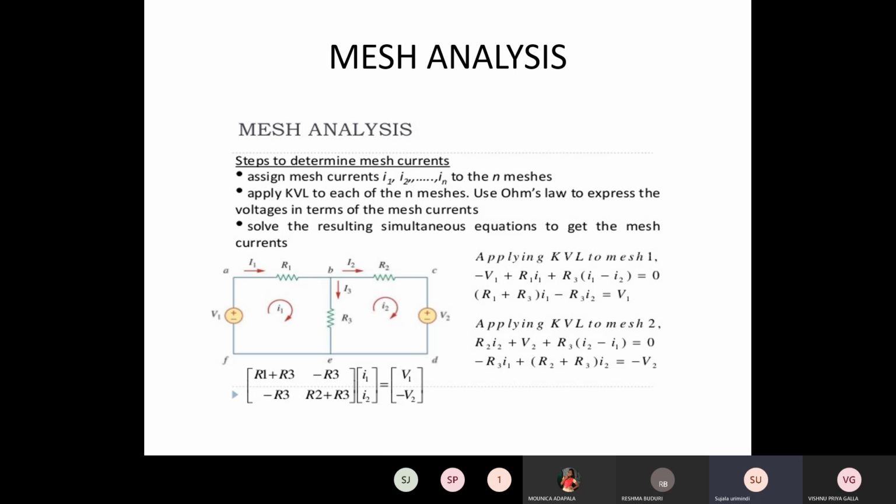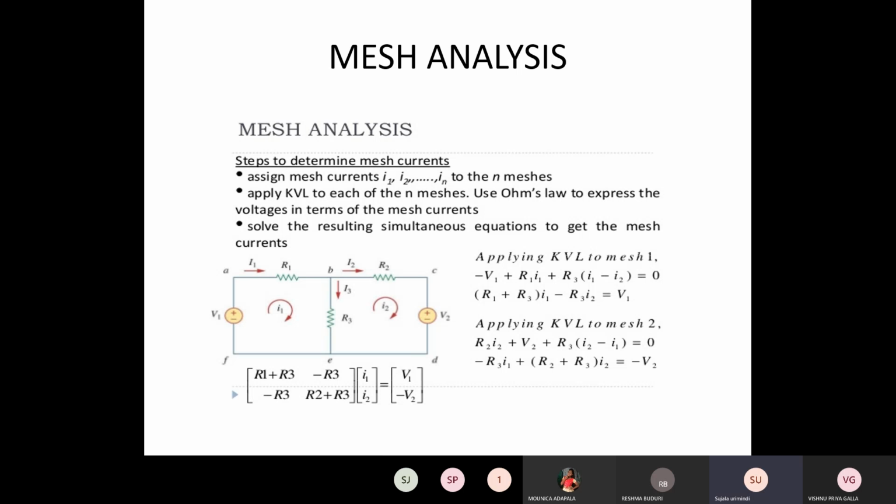Here I observe that this is plus to minus and minus to plus. But when you write down the equation for the first loop, you take preference for the first loop current. So first, plus 2 minus I1 into R3.